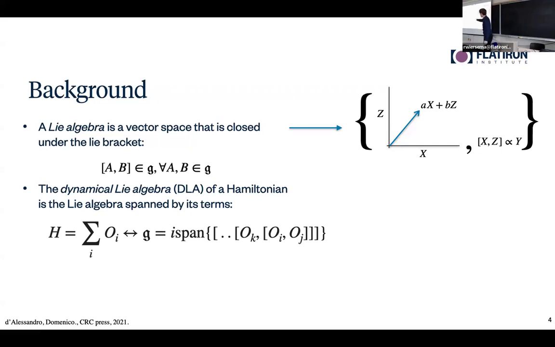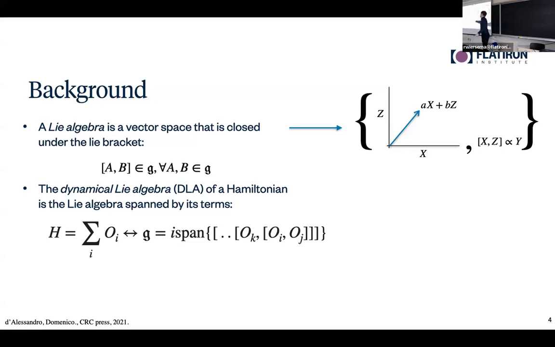What it is, basically, is you have some Hamiltonian, which can be very general, just some sum of terms. The dynamical Lie algebra is the Lie algebra that you get when you keep taking nested commutators of all these things.